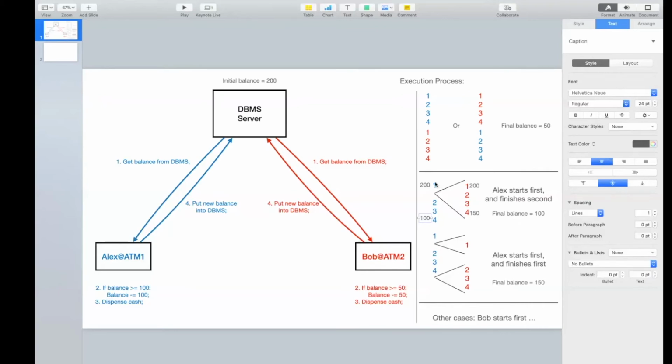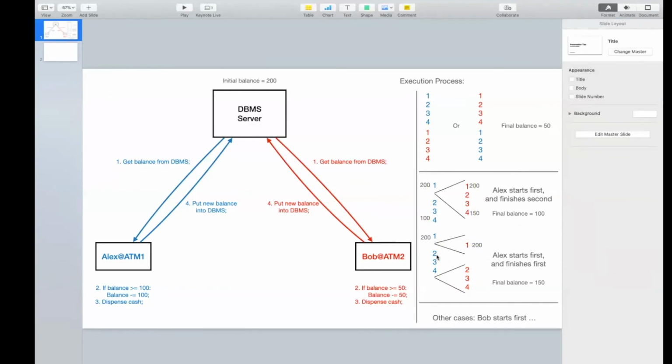However, it is also possible that Alex runs first and finishes first as well. How can that be possible? Now Alex runs first, does step 1, and gets the balance. The balance he gets is $200, right? And at this moment, Bob also runs his transaction, does step 1, and gets the balance from the DBMS. The balance he gets is also $200, right?